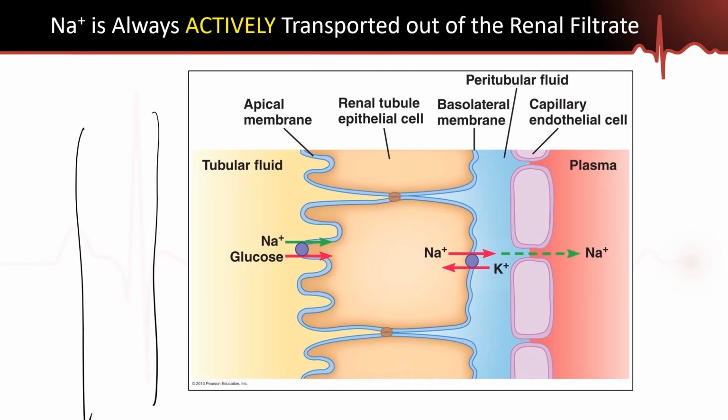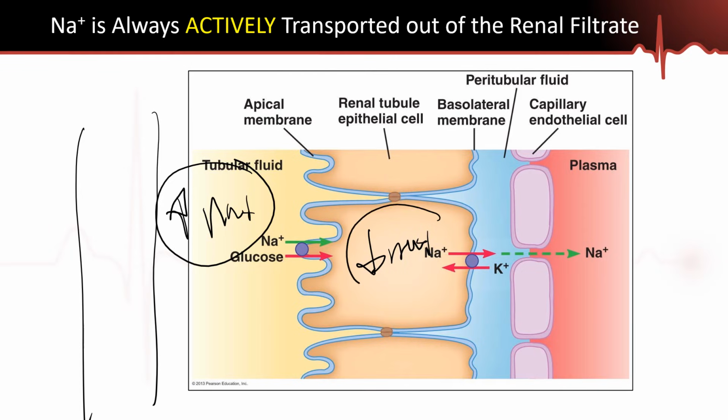First things first, sodium is higher in the blood plasma that exists inside of the lumen of the proximal convoluted tubule than it is inside of the cuboidal epithelial cell lining the proximal convoluted tubule. Sodium is higher in the lumen than inside of the epithelial cell, so it has a diffusion gradient.